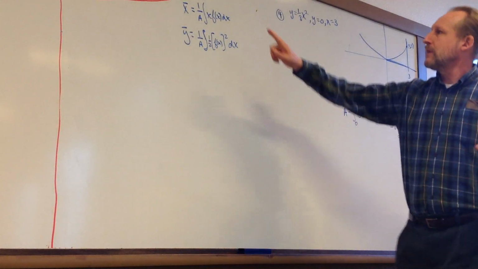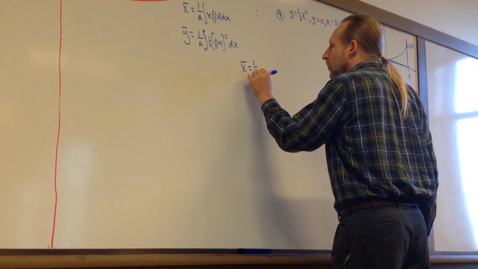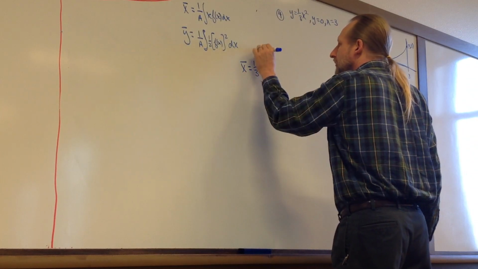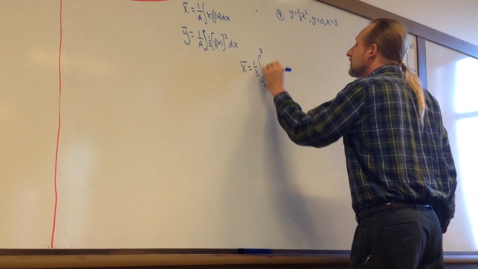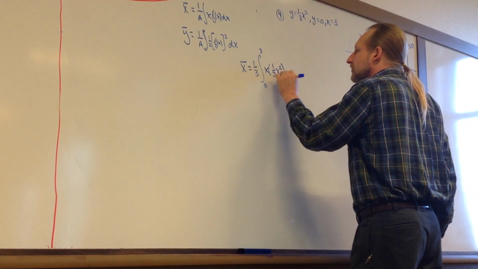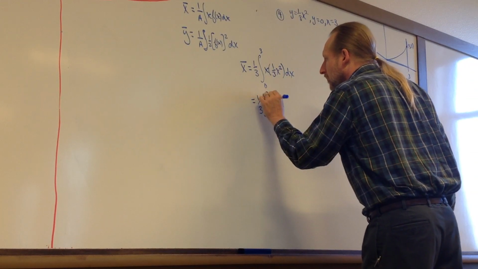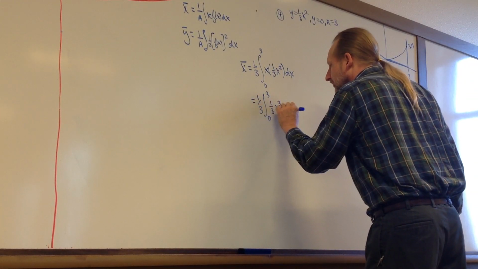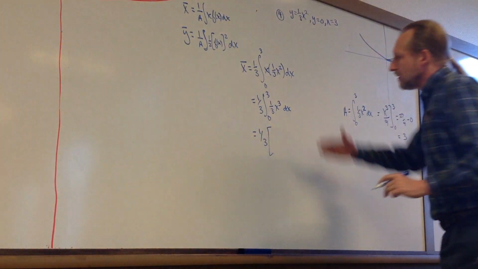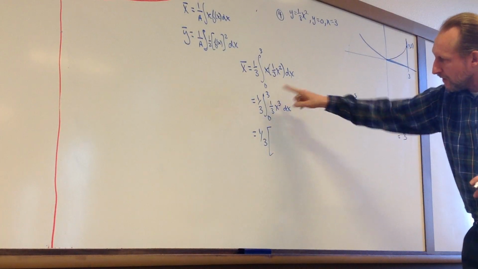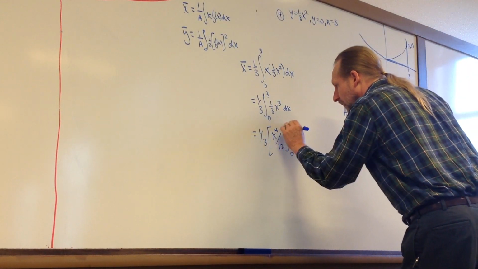So now if we want to find x bar, that's going to be 1 over 3, integral from 0 out to 3, x times 1/3 x squared dx. Okay, so that'll be 1/3 x cubed dx, and then if we do the integration, that'll be x to the 4th over 4 times 1/3, so x to the 4th over 12.